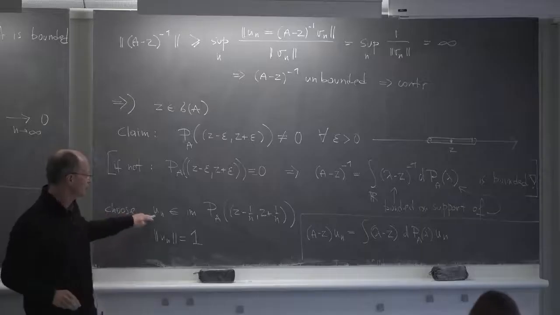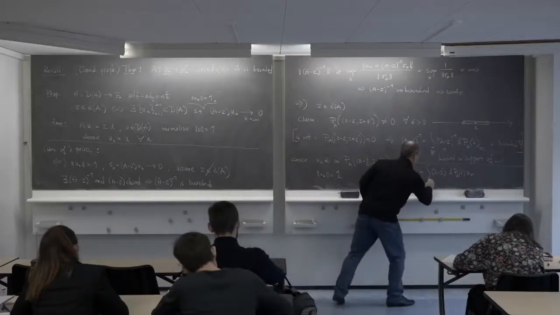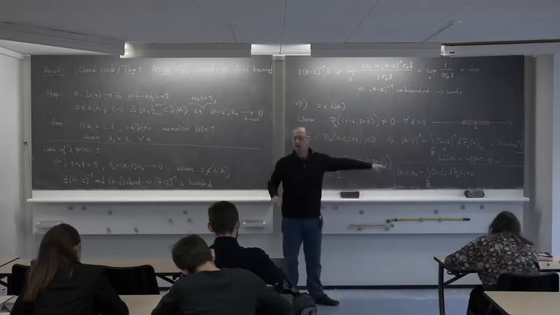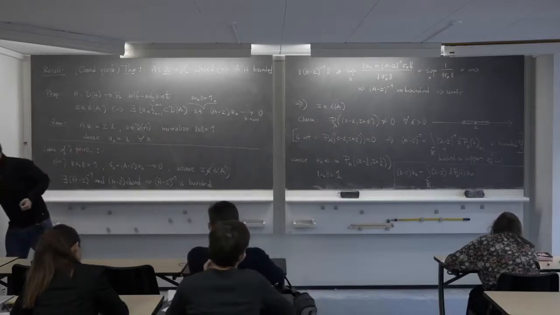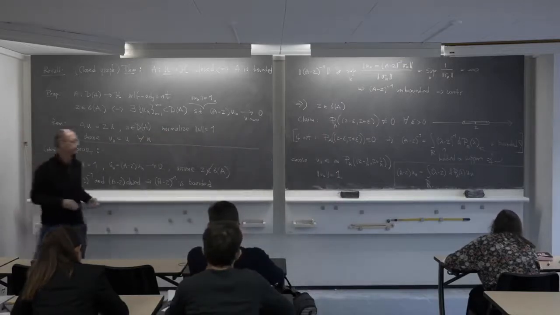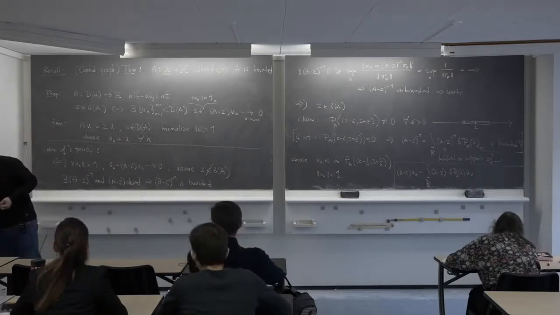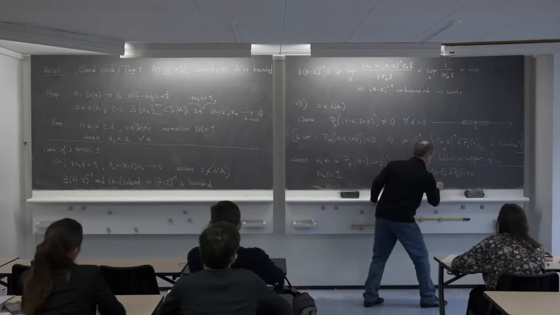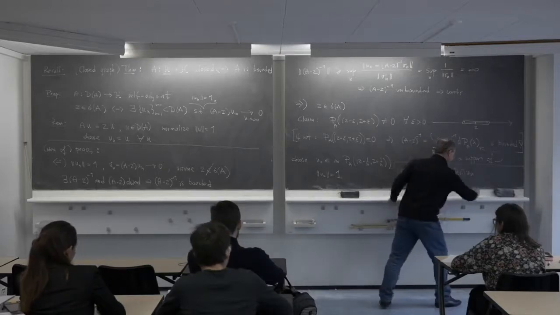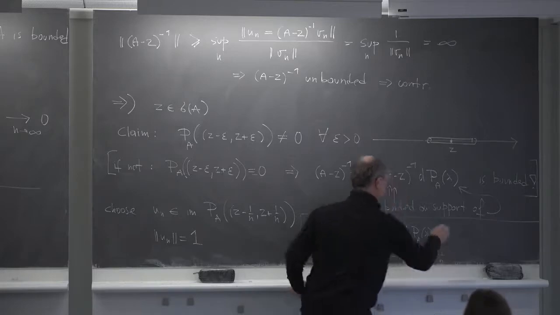But now notice, this guy is in the image of that spectral projection. So actually this integral, which a priori is over R, I can change the integration domain and replace it by (z minus 1 over n, z plus 1 over n).